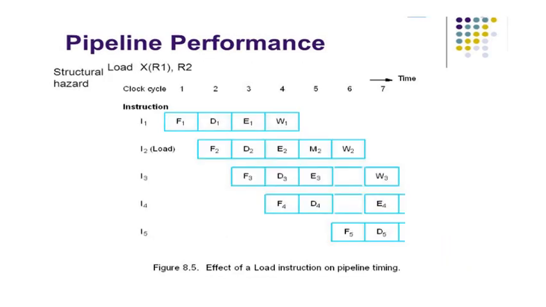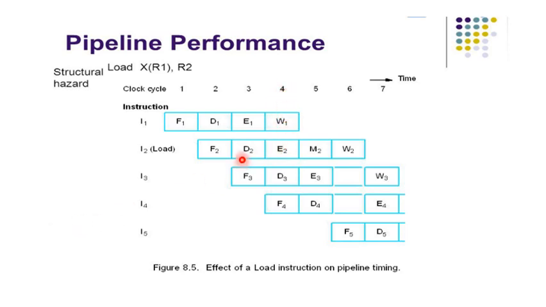An example of a structural hazard is shown in this figure. This figure shows how the load instruction, that is Load X(R1), R2, can be accomplished in a 4-stage pipeline. The memory address X plus R1 is computed in step E2, that is here, in cycle 4.